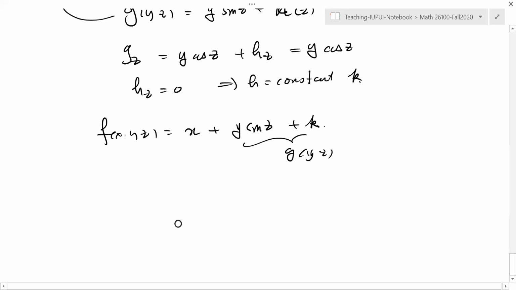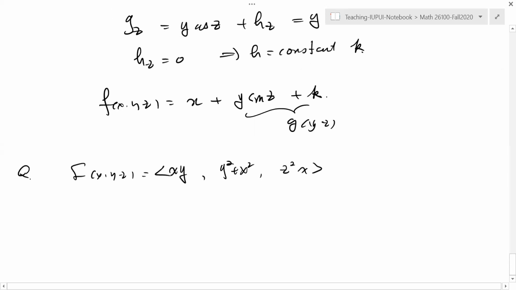Not all of them are conservative. Sometimes you're given a vector field and you're not able to find the little f so that the vector field is the gradient of f. Take an arbitrary vector field like this: x y, y squared plus x squared, and z squared x, for example, right?